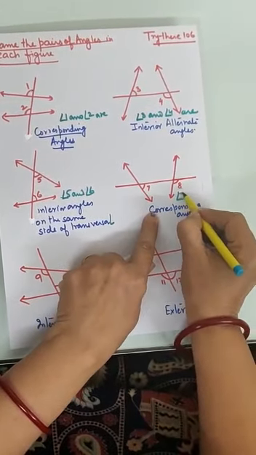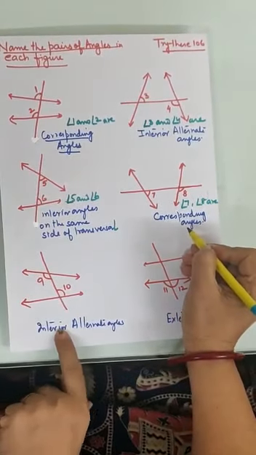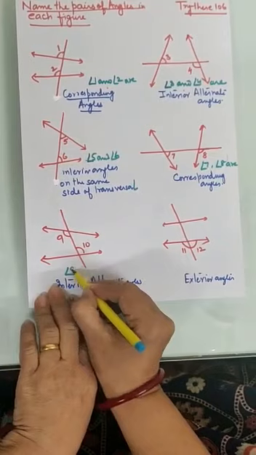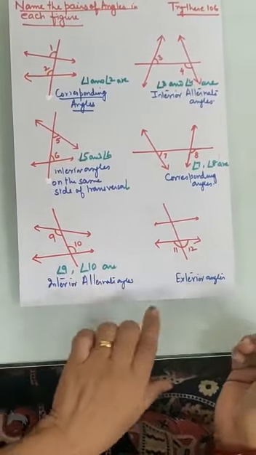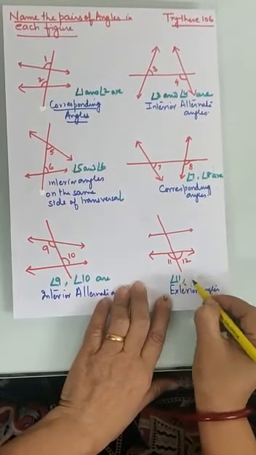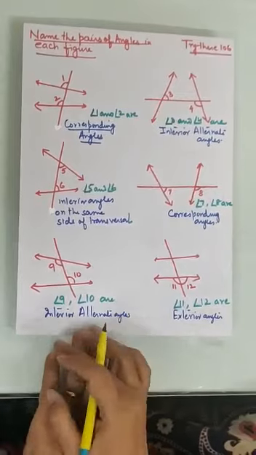Here, angle 7 and angle 8 are corresponding angles. In this, angle 9 and angle 10 are interior alternate angles. Here, angle 11 and angle 12 are exterior angles. Did you understand, children?